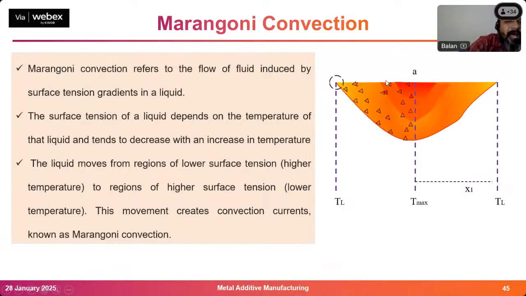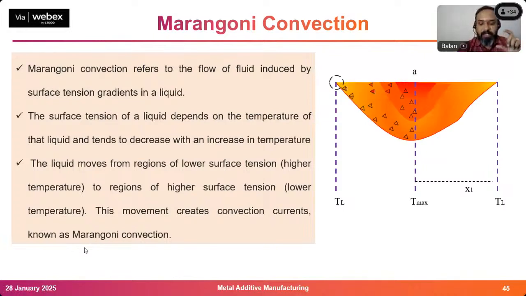As YSZ has very low density, all my yttria stabilized zirconia will be on the top, and it will prevent other materials from going inside. That is one of the problems. This is called the Marangoni effect. What is Marangoni convection? The liquid moves from the region of lower surface tension to the higher surface tension. This movement creates a current inside the melt pool. I am speaking about the individual melt pool. This is known as the Marangoni current.